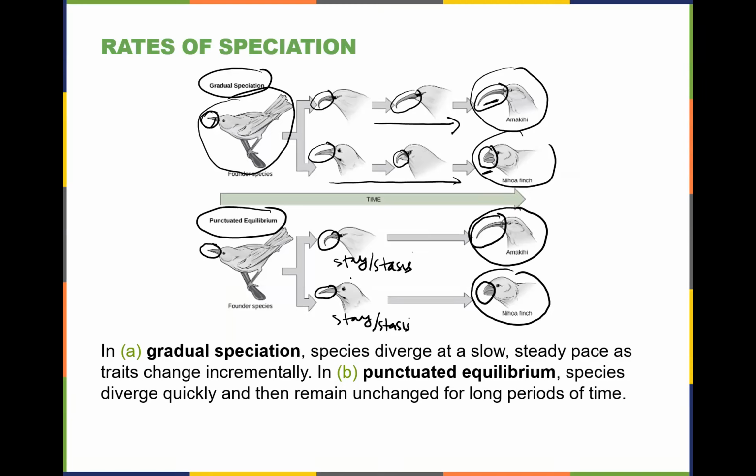They stay, or they have what we call the stasis period, and then they have a sudden change in their structure or morphology. Okay, so these are examples of rates of speciation, whether gradual or punctuated equilibrium.